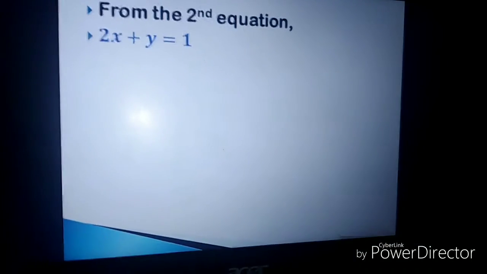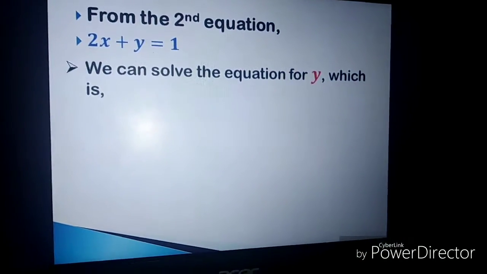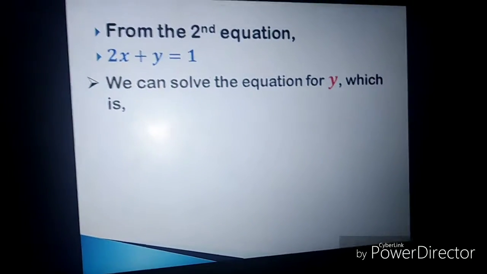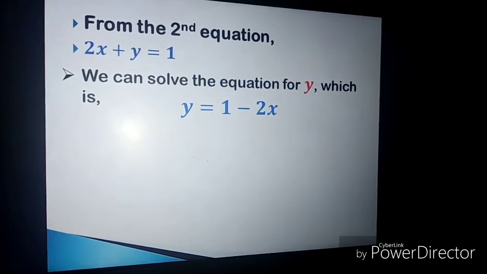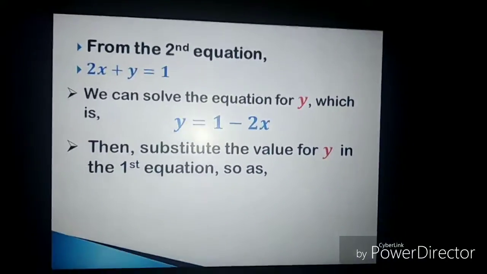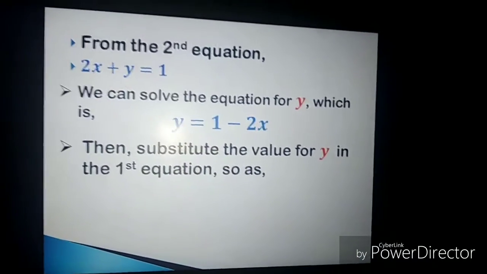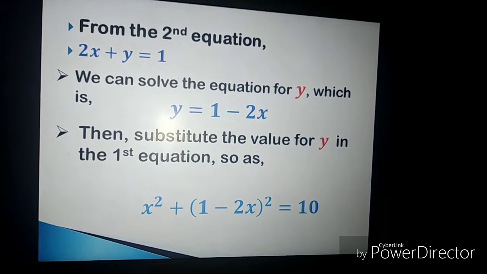From the second equation, 2x plus y is equal to 1, we can solve for y, which is y is equal to 1 minus 2x. Then substitute the value for y in the first equation so we have x squared plus the quantity 1 minus 2x, squared, is equal to 10.